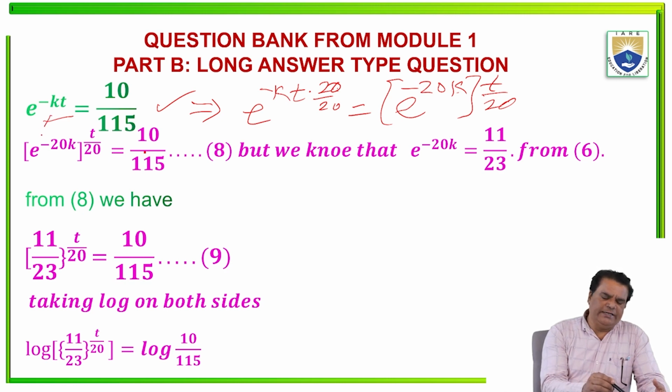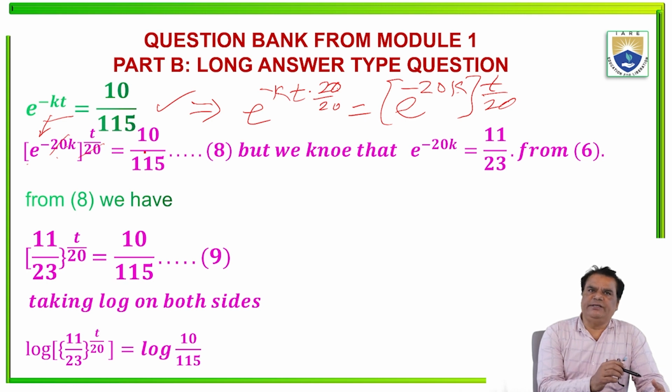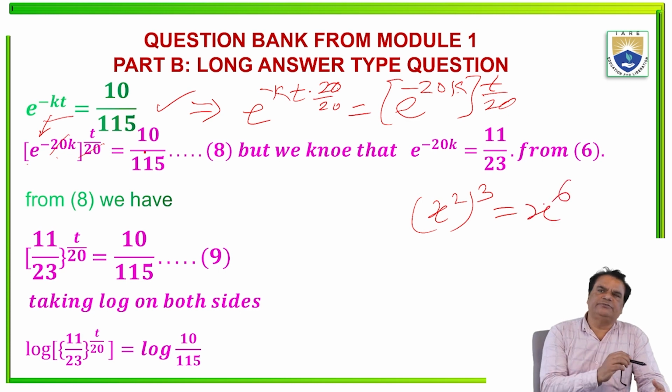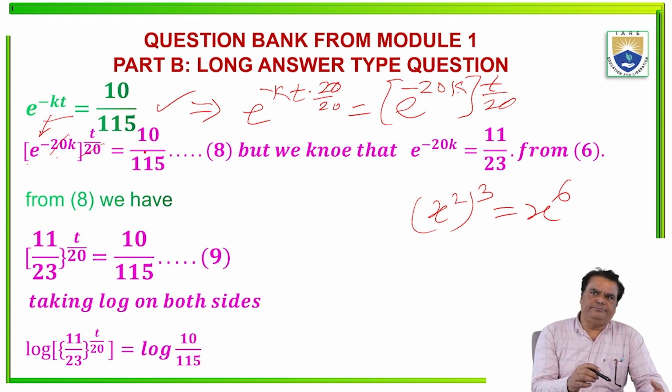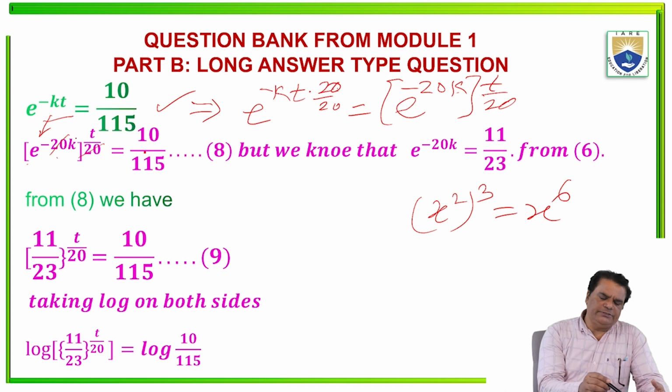After changing this, we get e to the power minus 20k whole to the power t upon 20. The 20 is cancelled, and we get the same e to the power minus kt, because this is a power of a power, so we multiply the powers. For example, x square whole to the power cube gives x to the power 6, multiplying the powers 2 and 3. So here this multiplies to this, and we get e to the power minus kt again.